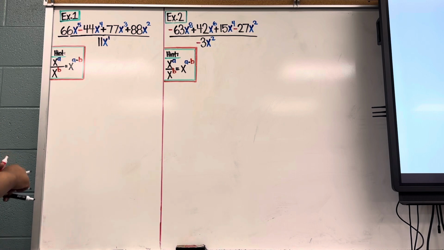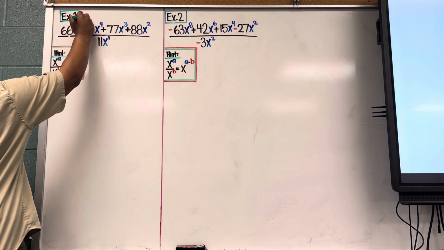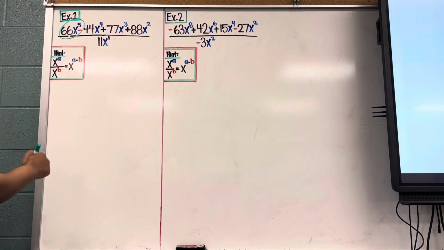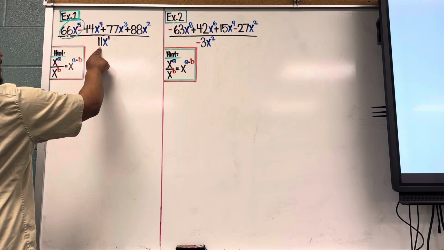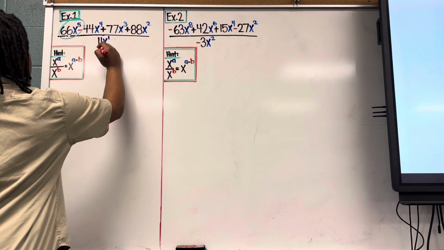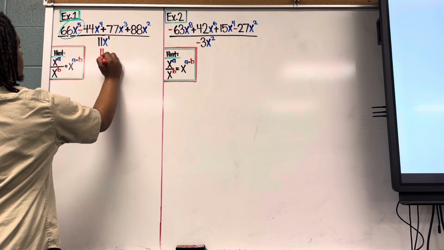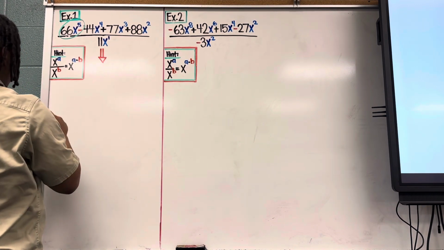So let's go ahead and start off with the first value that we're gonna use 11x to divide into, which is 66x to the fifth power. All right, 66 divided by 11 is 6. So I'm gonna put that.